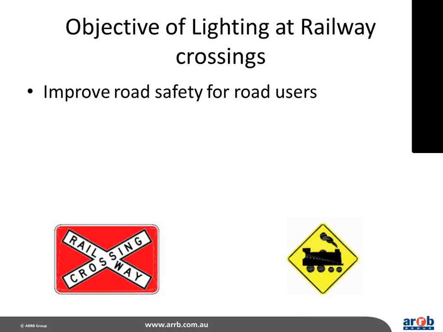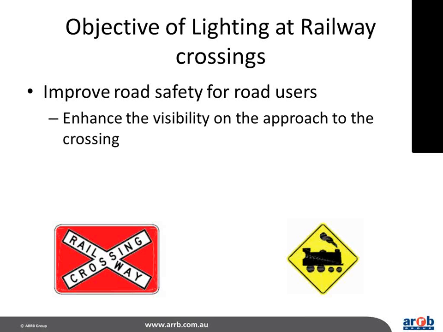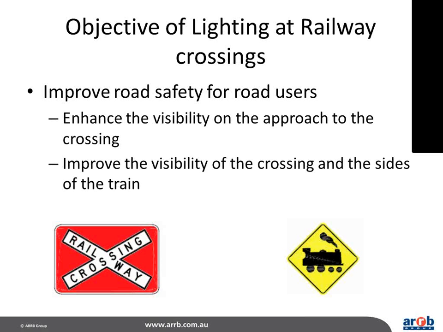And how does lighting achieve this? It improves road safety by firstly enhancing the visibility on approach to the crossing, and secondly improving the visibility of the crossing and the sides of the train. So when a driver approaches the crossing at night, the lighting will be able to illuminate the road layout. So if it's a curved approach, a driver will be able to see clearly the road layout.